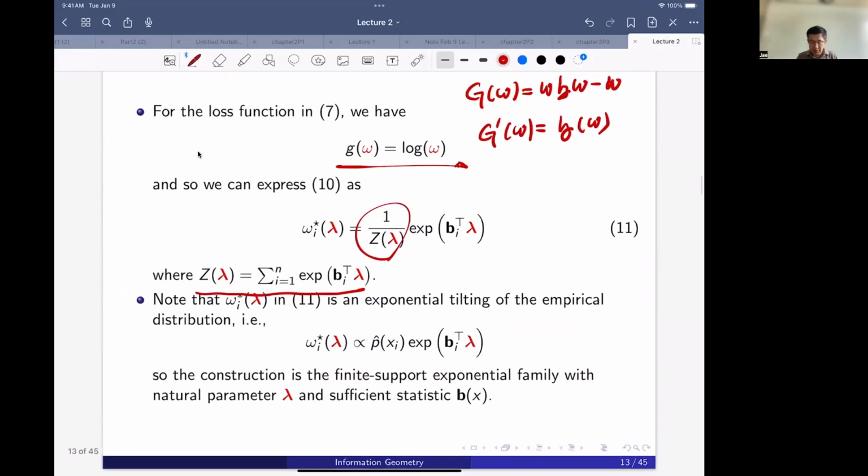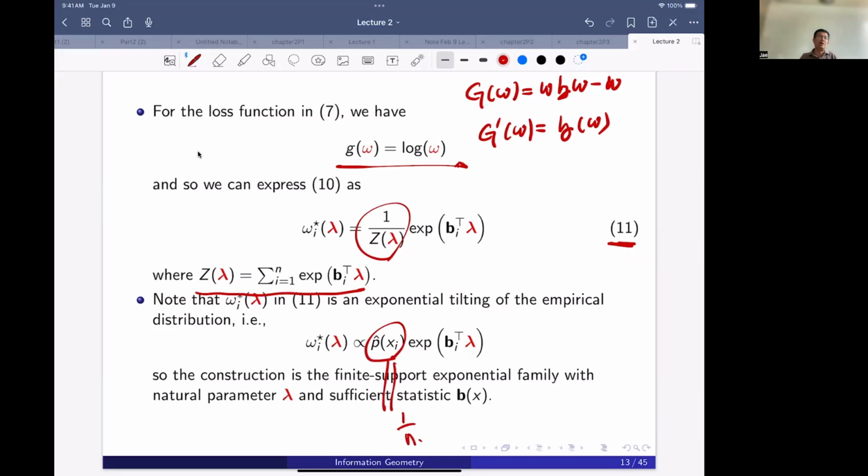And then notice that this weight omega I star lambda in equation 11 is an exponential tilting of the empirical distribution. So this is the empirical distribution, which is 1 over n, right?